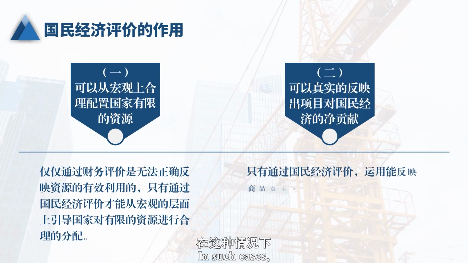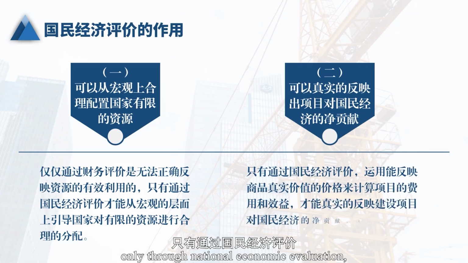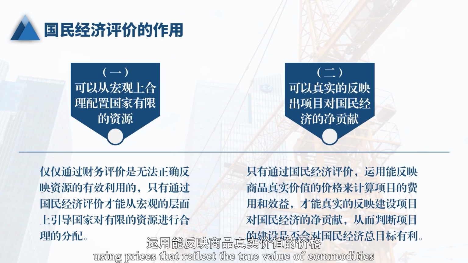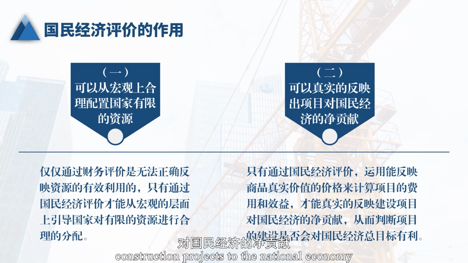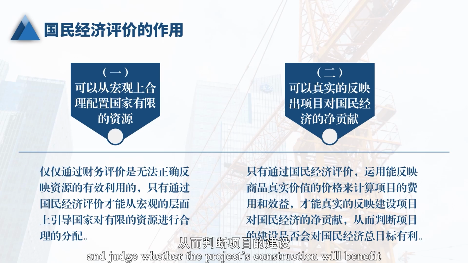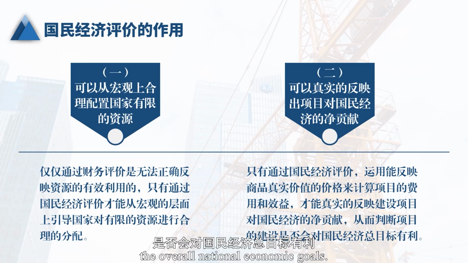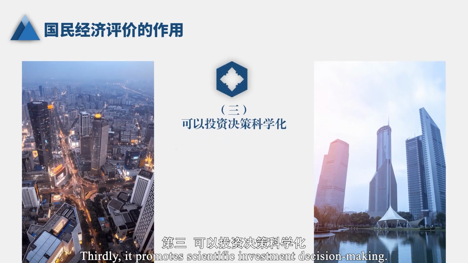In such cases, only through national economic evaluation, using prices that reflect the true value of commodities to calculate project costs and benefits, can we truly reflect the net contribution of construction projects to the national economy, and judge whether the project's construction will benefit the overall national economic goals. Thirdly, it promotes scientific investment decision-making.